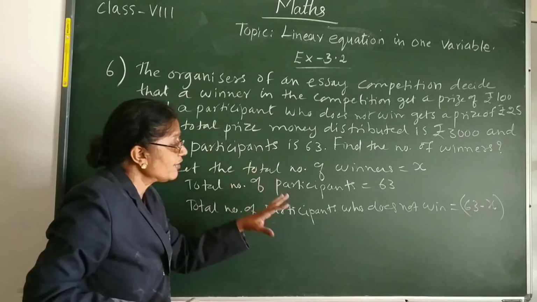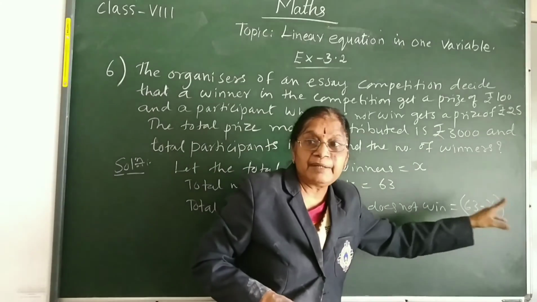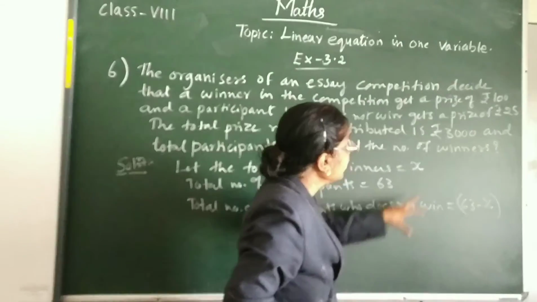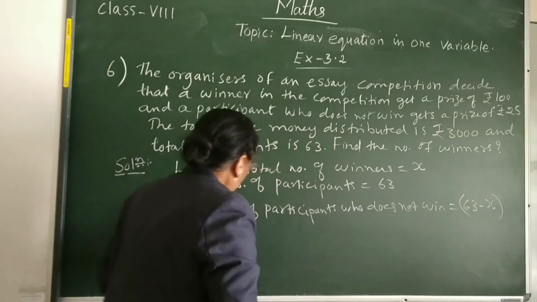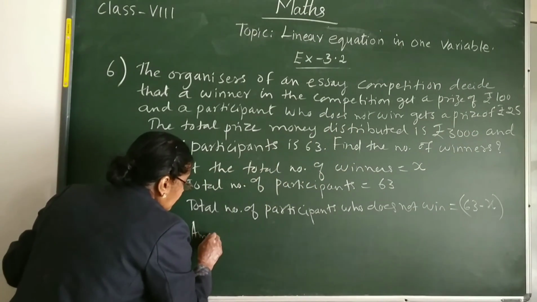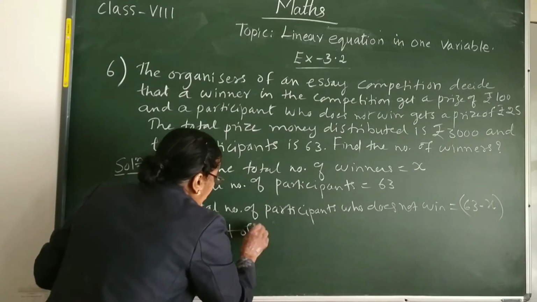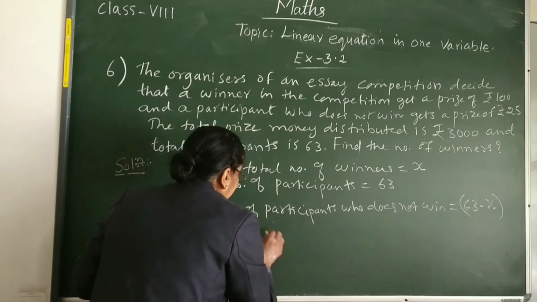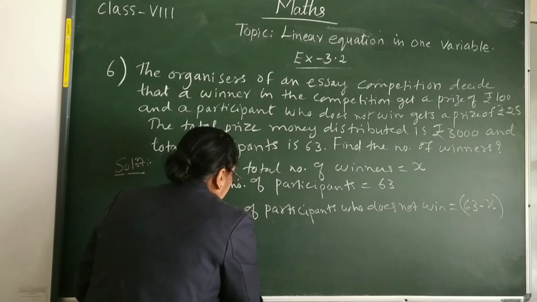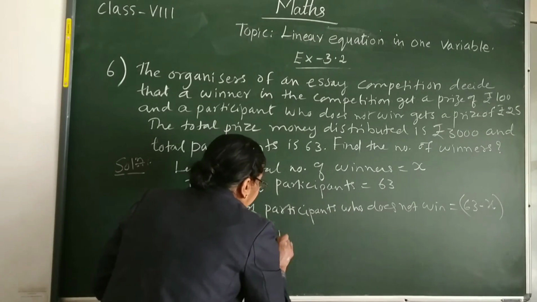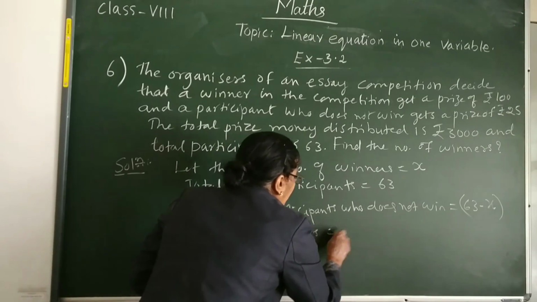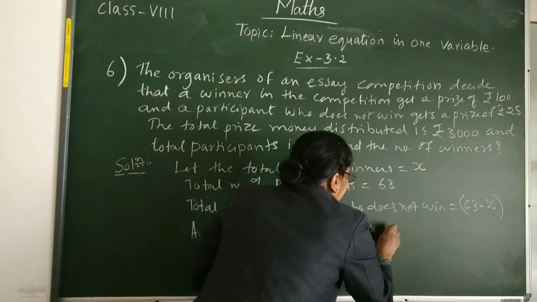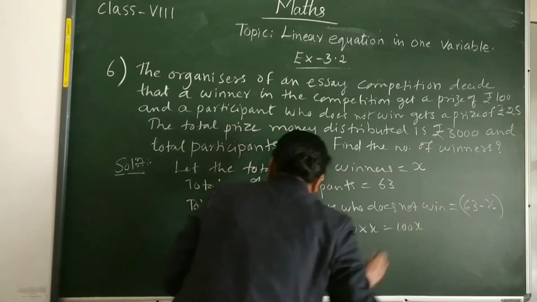Next, 63 minus x are not winning, and each of them gets 25. So the amount for winners is equal to 100 into x, which is 100x.